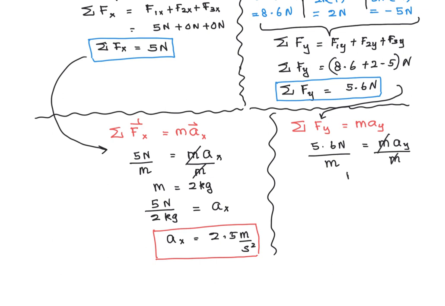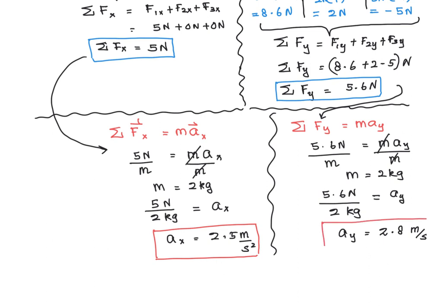If I use m equals 2 kilograms again, there you will have 5.6 newton divided by 2 kilogram, and that will give you the acceleration along y direction. And let me write down the answer. Ay equals 2.8 meter per second square, and that is the y component acceleration.